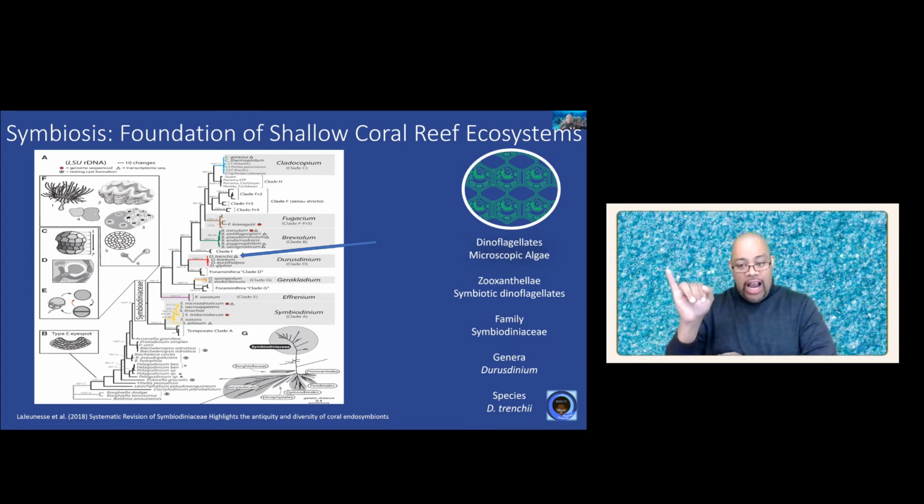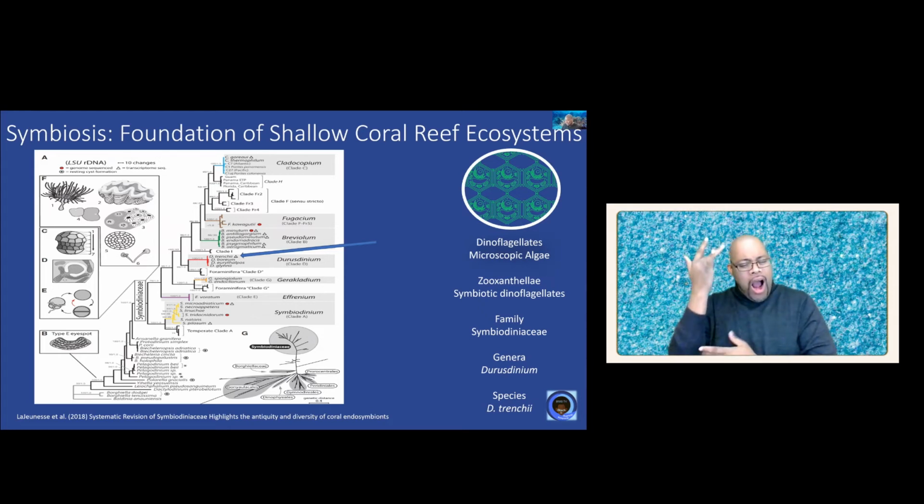Now, the Durusdinium clade as a whole in this paper is described as an extremophile, something that is found around the world and is uniquely heat tolerant. And this has its own ecological and physiological implications for coral algal symbiosis. And one of the more recently described species within this clade is called Durusdinium trenchi.